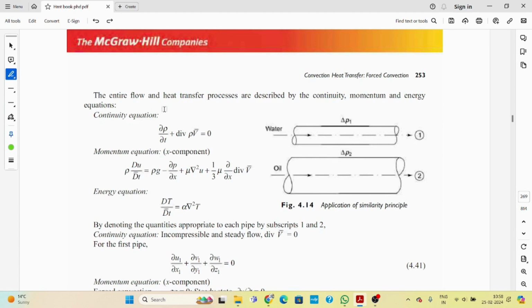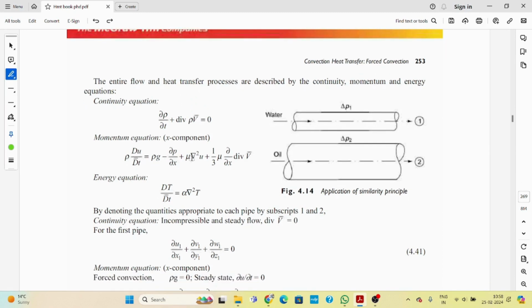This is the continuity equation. Okay, this is the main continuity equation: del rho by del t plus divergence of rho v is equal to 0. Then that is the momentum equation, and that is the energy equation.